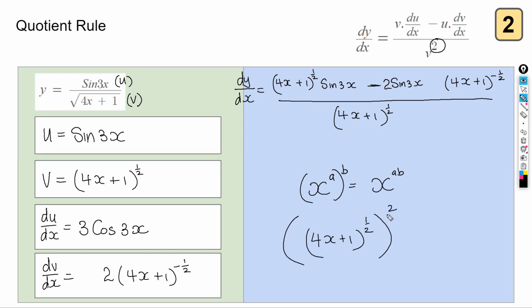Isn't the half and the squared separated by brackets? 2 powers separated by brackets. A half by 2 is 1. So this whole thing becomes to the power 1. But when you have something to the power 1, it's like nothing, right? So you don't even have to put the brackets. I mean, you can leave the brackets if you want to, and the power 1 will be understood, right?